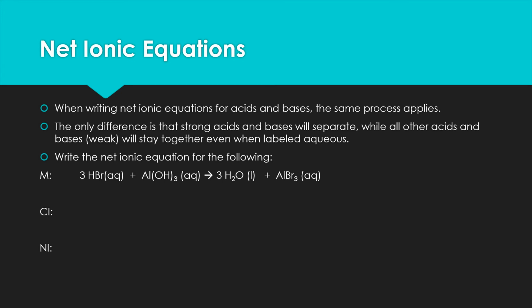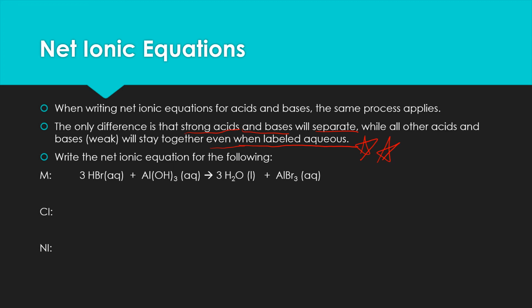Now, the difference here, what makes acid-base reactions different? Our strong acids and bases will separate into their ions, while all other acids and bases, which we call weak acids and bases, will stay together, even when labeled aqueous. That is huge. Okay, so if we look at a reaction and we recognize that it is an acid-base reaction, before we start breaking everything down, we are going to ask ourselves, is it strong or weak?